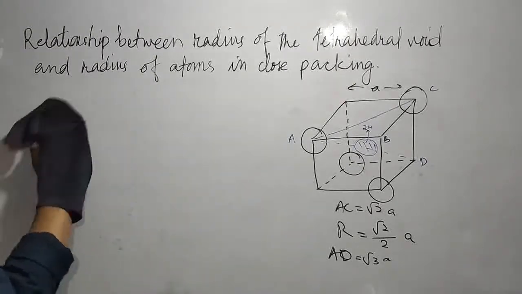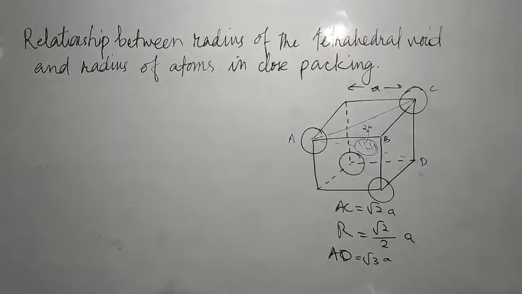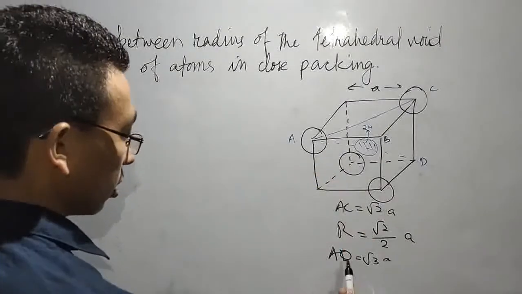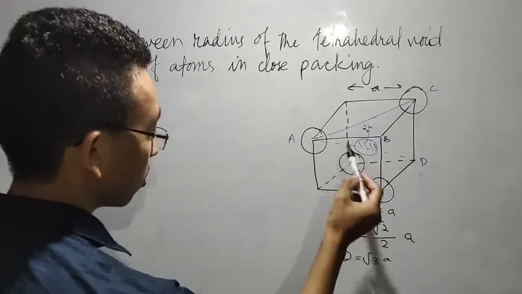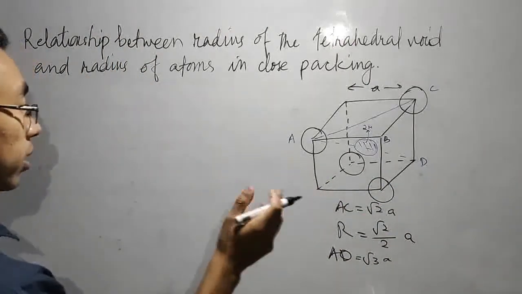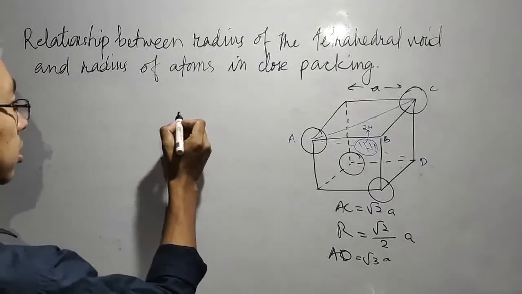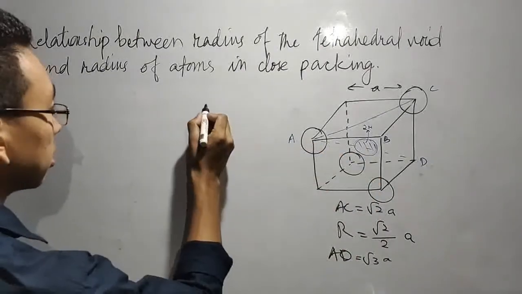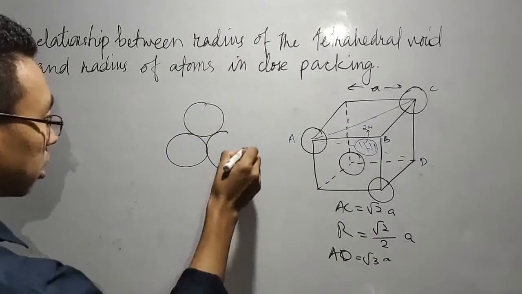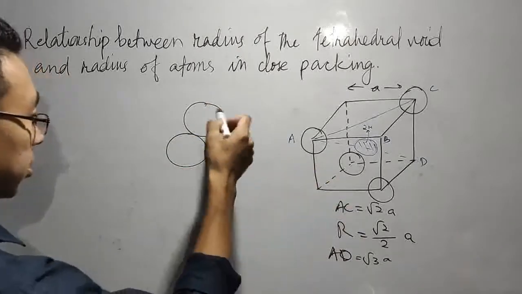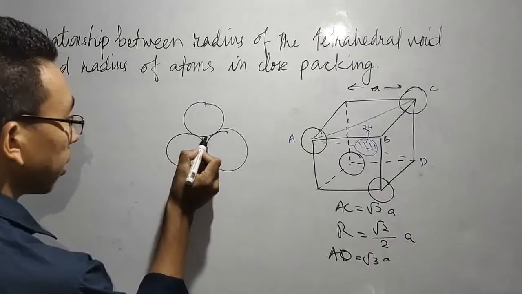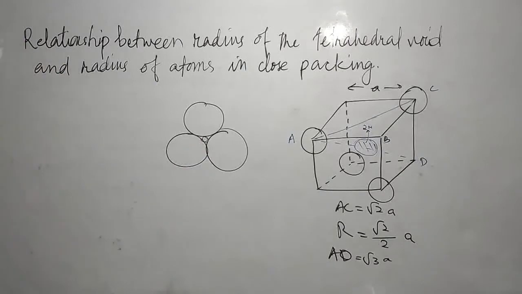Now the next one. We know that this distance is root 3 a. Imagine these are the three atoms present, they are in contact with each other, and this is the part where the void is present.